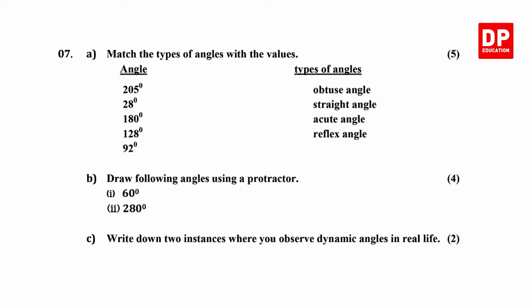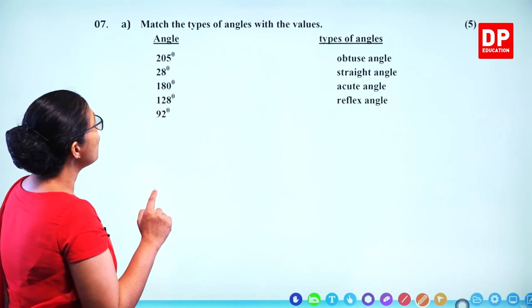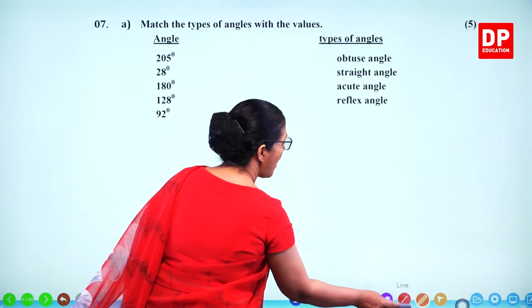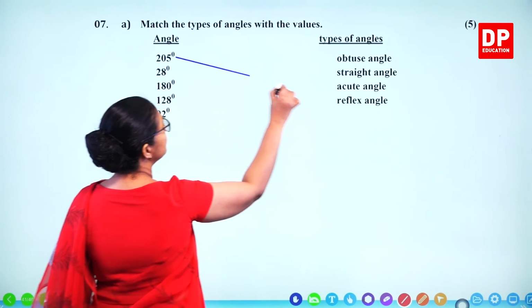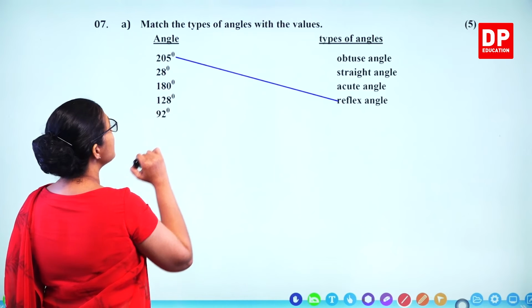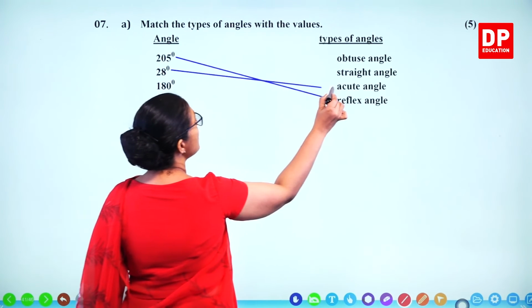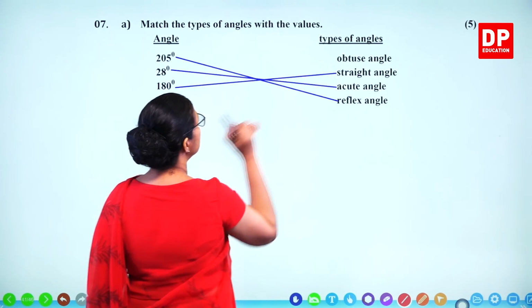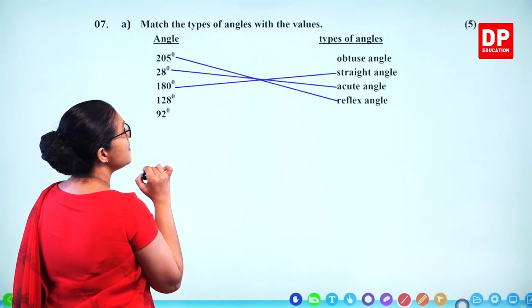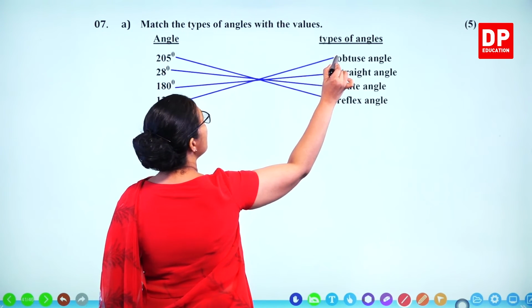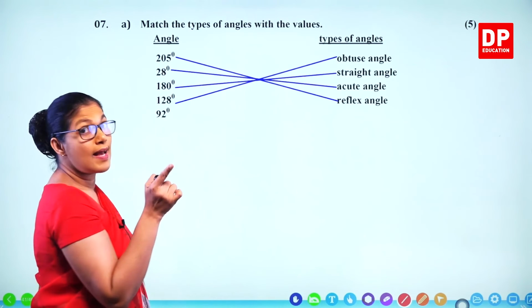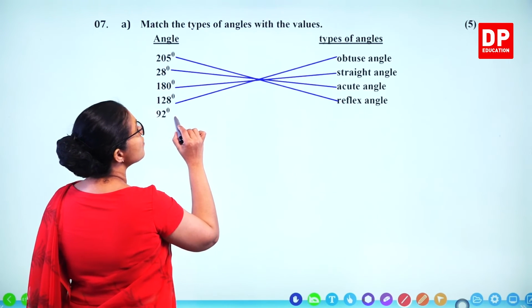Now let's do the last question, question number 7. Match the types of angles with the values. 205 more than 180, that's reflex angle. 28 is less than 90, that's acute angle. 180 we call that's a straight angle. 128 is obtuse angle, less than 180. 92 is less than 180, more than 90, that's obtuse.